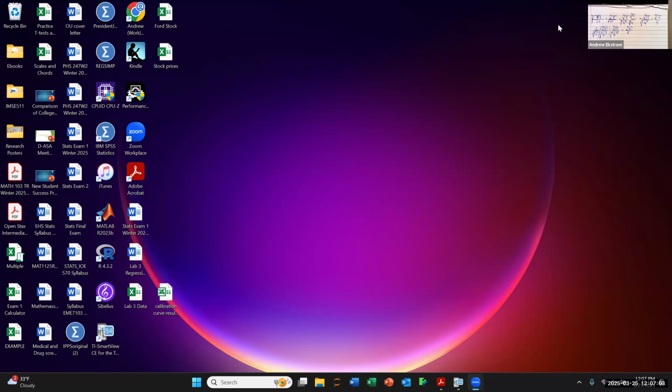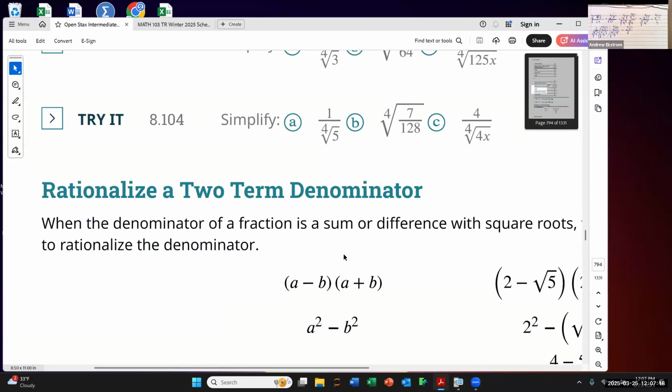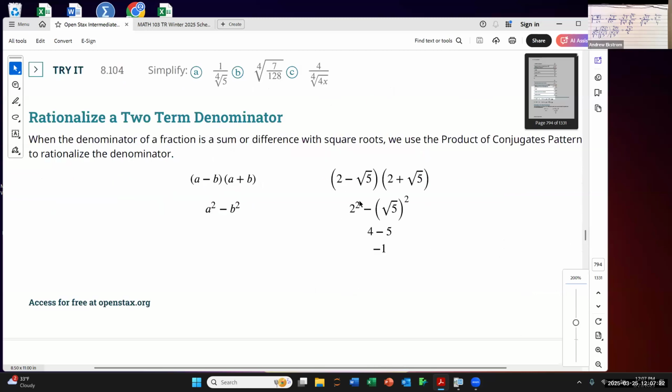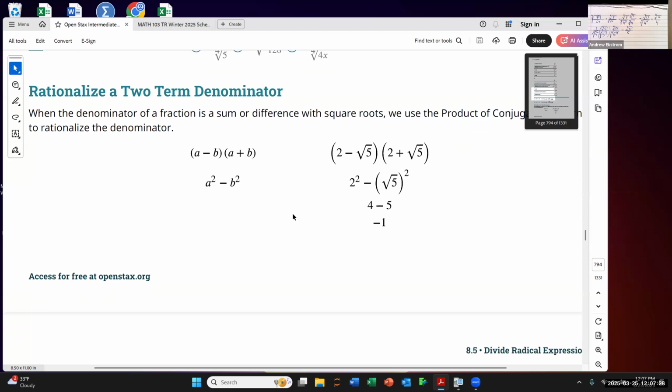So yes, is that ugly? Yeah. Does it get worse? Yeah. And the next part is literally trying to eliminate radicals from the denominator.